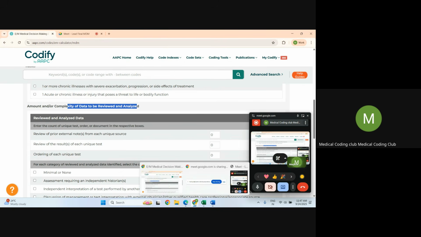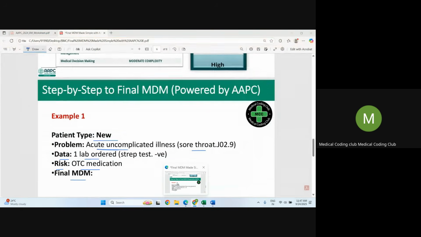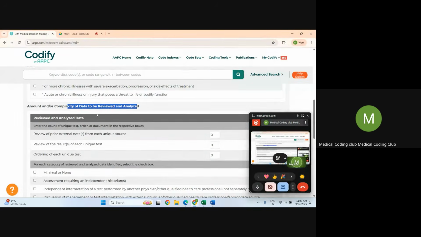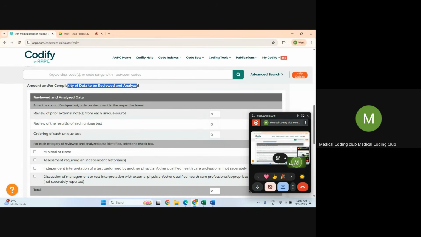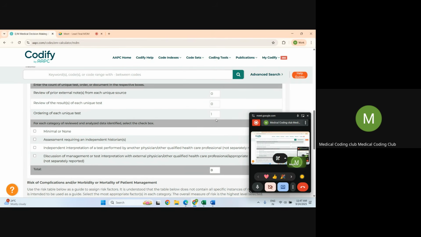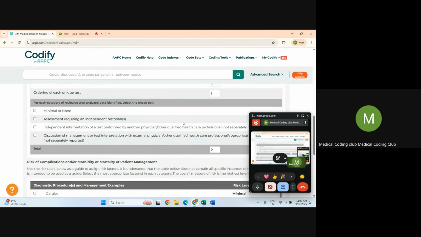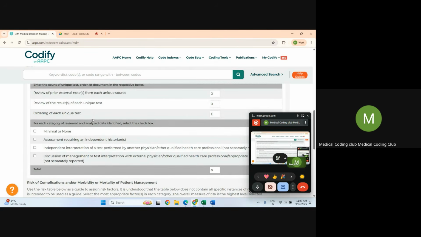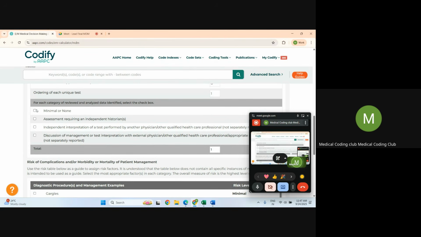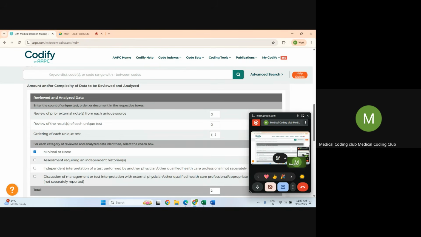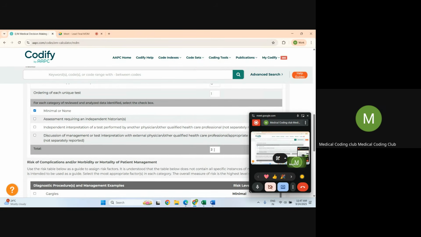Here again, the data is one lab ordered. They have ordered a strep test, so only one test being ordered. That is ordering of each unique test, so 1 point you can give here. That actually comes to minimal or none.